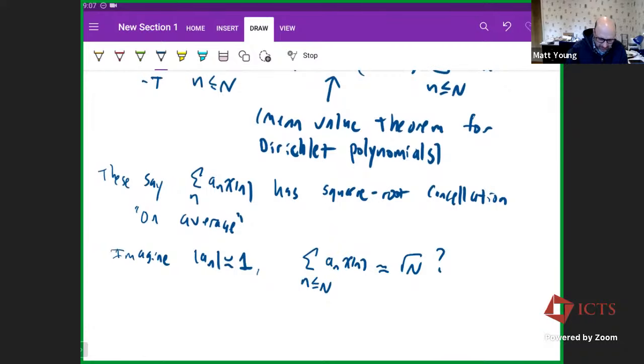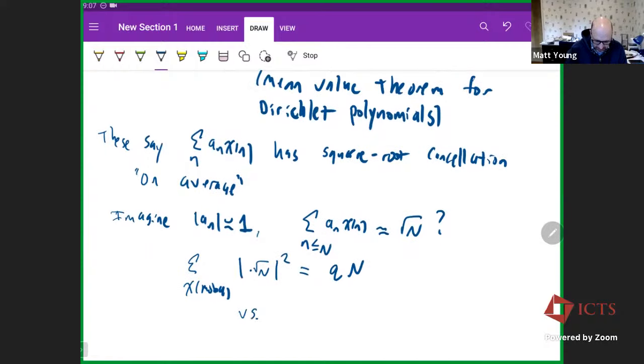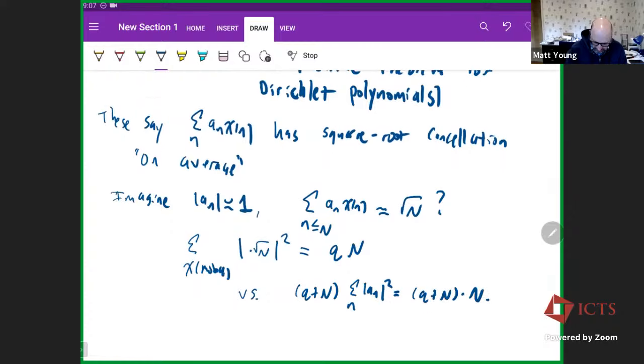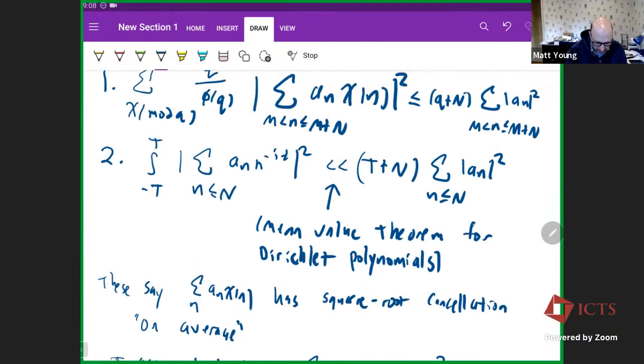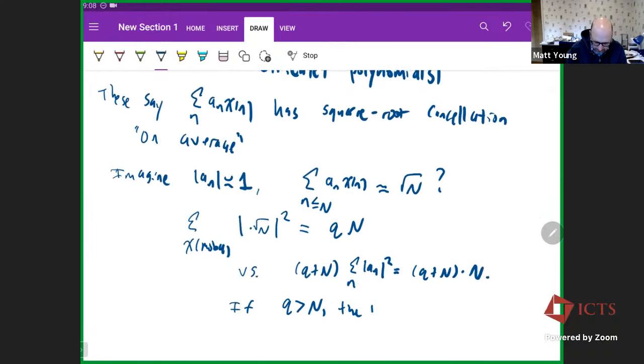But let's say we did, then we'd have a sum over chi mod q of our square root of N quantity squared, and in total this would be basically q times N. You compare that to what we had, which was (q + N) times the sum over n of |a_n|^2, which is (q + N) times N. So at least if q is bigger than N, this bound, the proposition, is consistent with this square root philosophy.